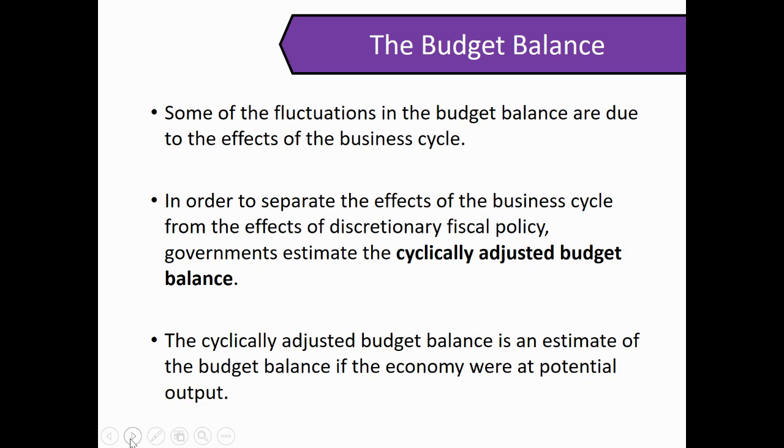Now, we have these fluctuations because of our business cycle, right? Because of the business cycle, when we are down here, we will tend to have expansionary policies, and up here, we tend to have contractionary policies. Okay.